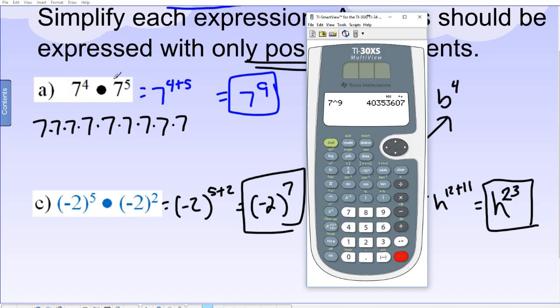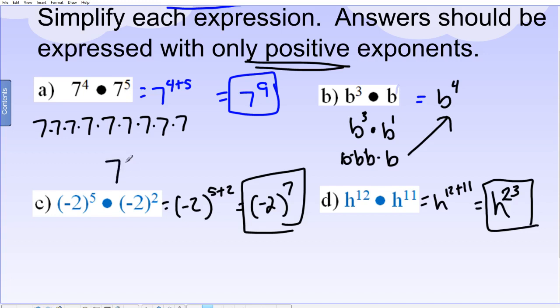I typed in this. Now, if we type in this, 7 to the 4th times 7 to the 5th. I'm honestly a little cautious if the calculator is going to do this right, or if it's going to think I'm doing 7 to the 4 times 7 to the 5th, which is a valid math problem.